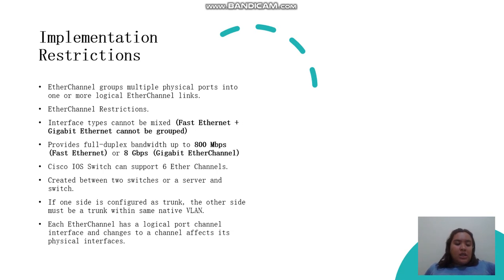A Cisco IOS switch can support 6 EtherChannels created between two switches or a server and a switch. If one side is configured as a trunk, the other side must be a trunk within the same native VLAN. Each EtherChannel has a logical port-channel interface, and changes to a channel affect its physical interfaces.